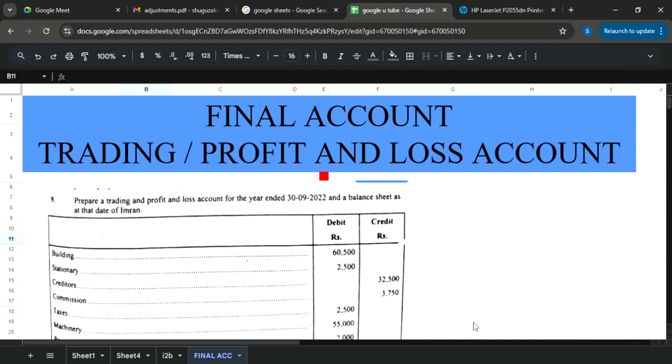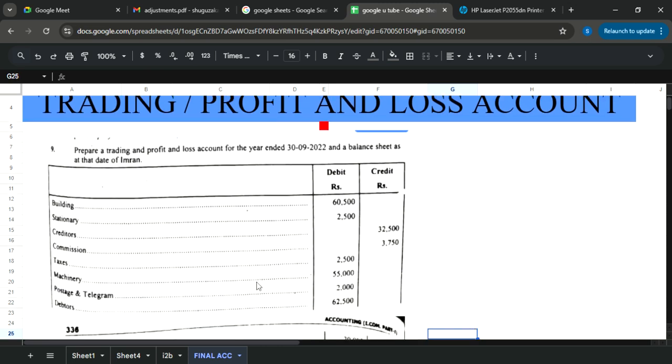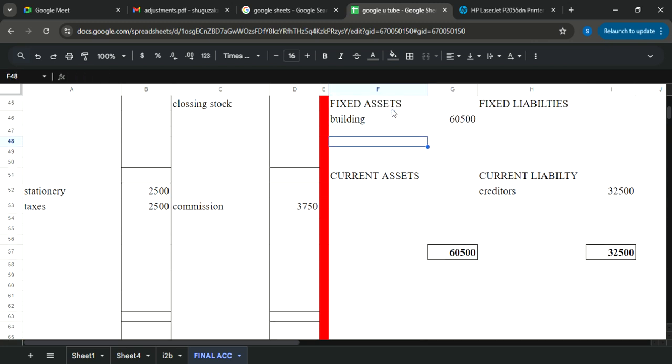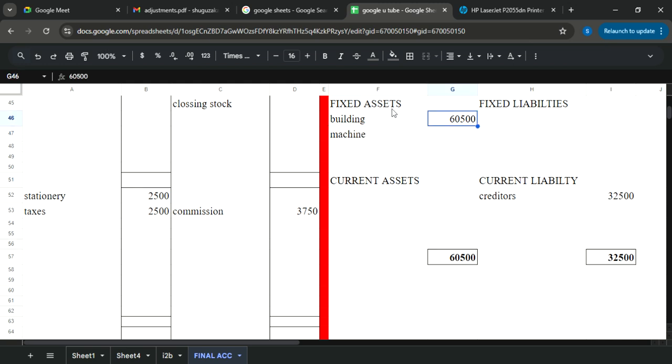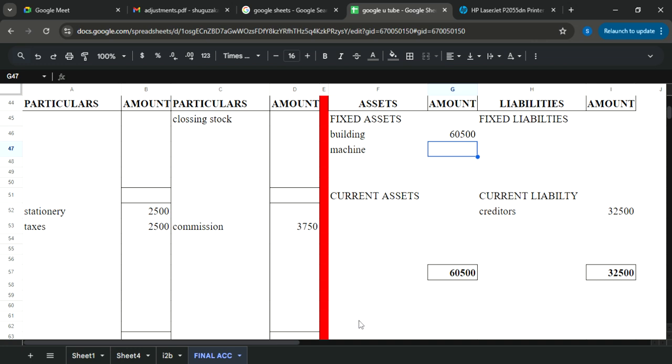The next amount is machinery. As you can see, machinery is a fixed asset. Over here you will write your machine, amount of which is 55,000. Write it down.